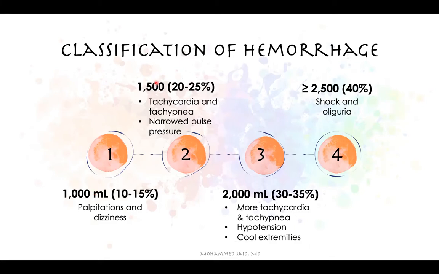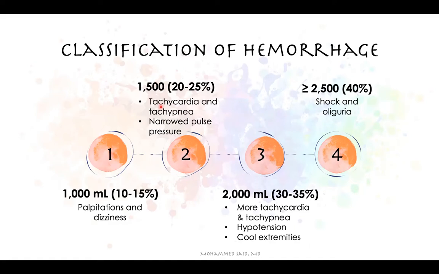And then at 1.5 liters, which is 20 to 25% of the blood volume, you're going to start having tachycardia, tachypnea, and then normal pulse pressure. So why normal pulse pressure? Pulse pressure is the difference between the systolic and the diastolic pressures.